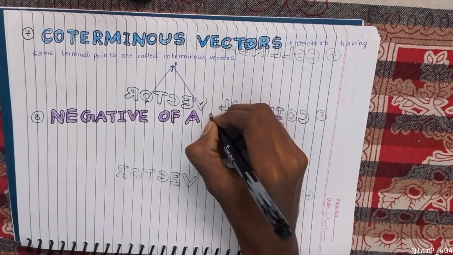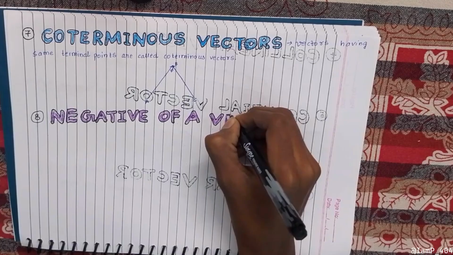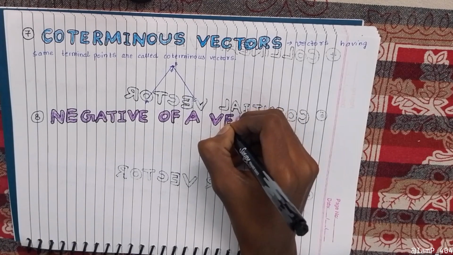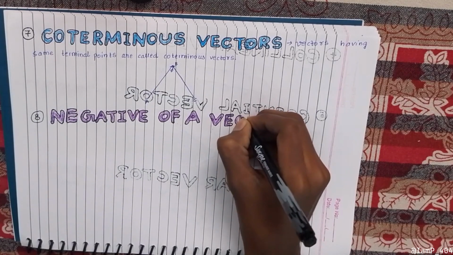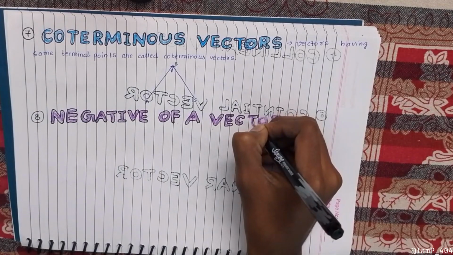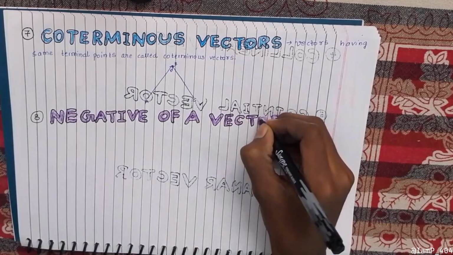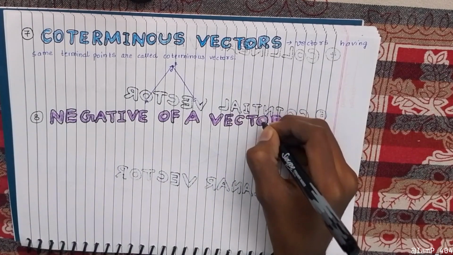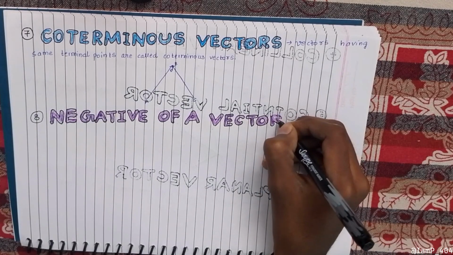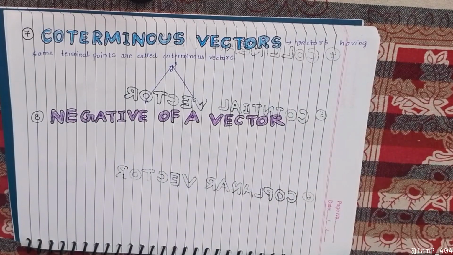Yeah, negative of a vector. What does negative of a vector mean?